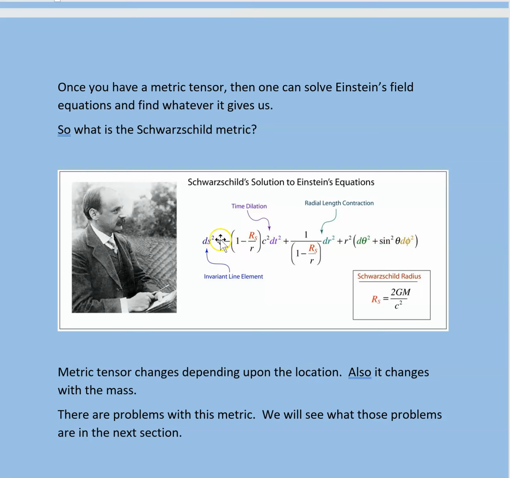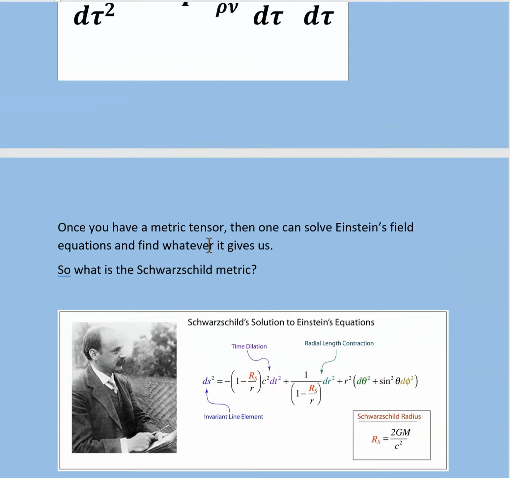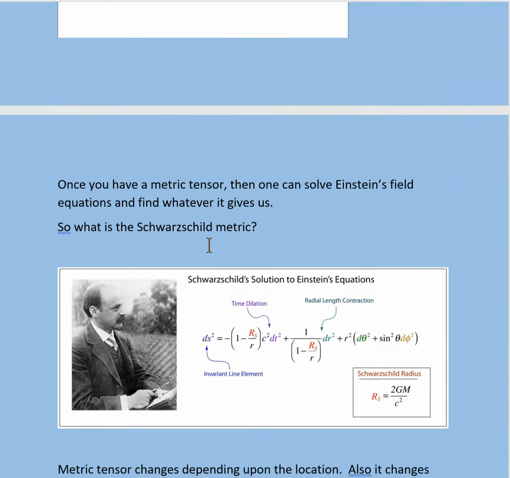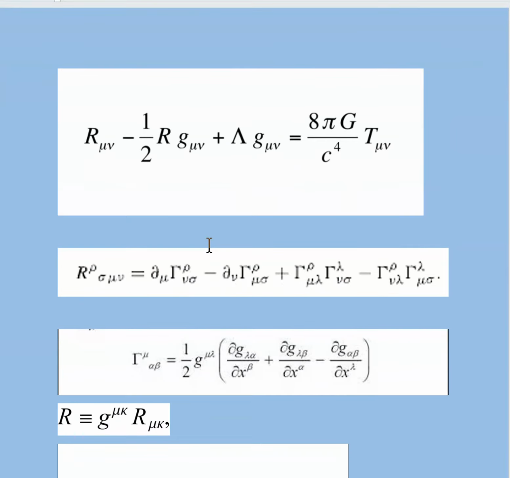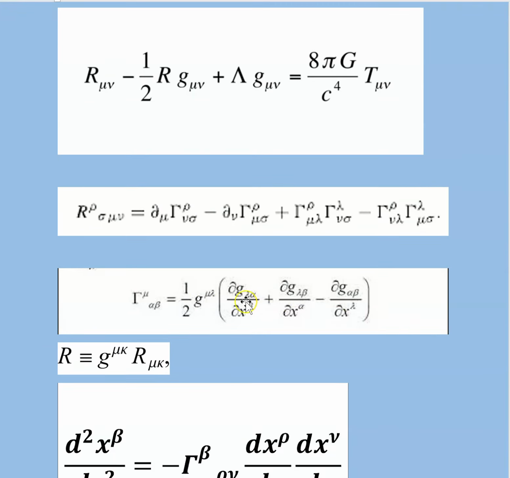Now you could use this metric and apply it, and that matrix comes as g. So once you know g, you could solve for gamma. I'm just saying this in a very easy manner.